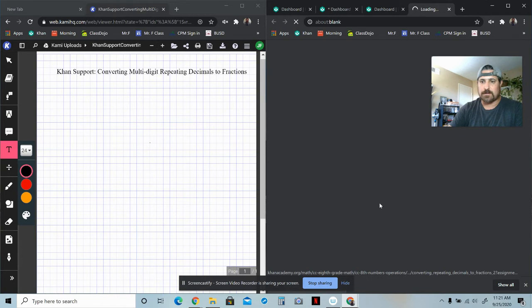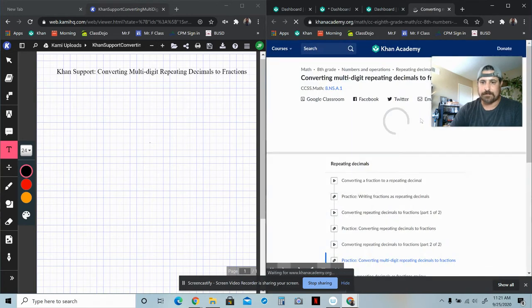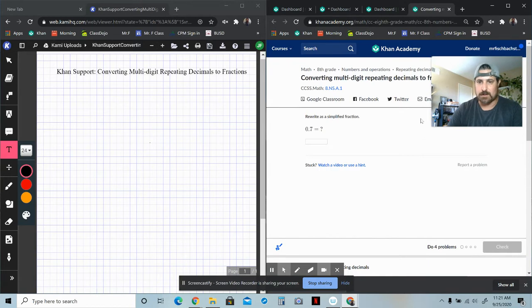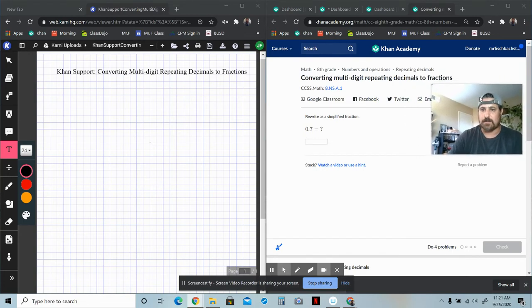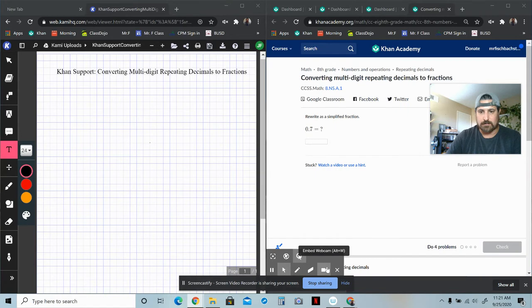All right, let's see if it loads in like it's supposed to. Seems like it's loading in there. Here we go. Okay, so this one's converting multi-digit repeating decimals to fractions. Yeah, that's the one I wanted. Perfect. Okay, so let's take a look at how that could play out.